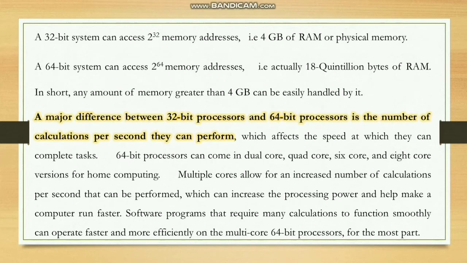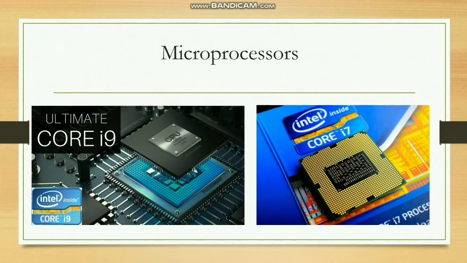Now once again I am going to show the area in which a 64-bit processor advances against 32-bit. These are processors, the latest Ultimate Core i9 processor and i7 processor.